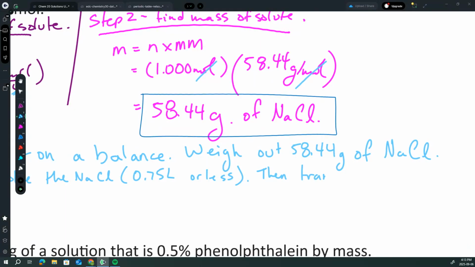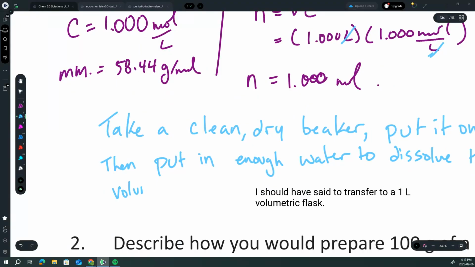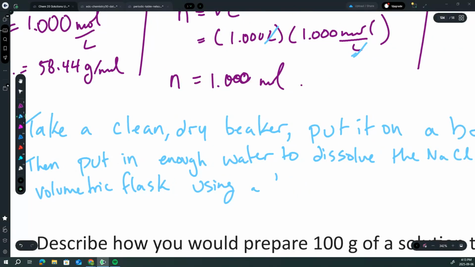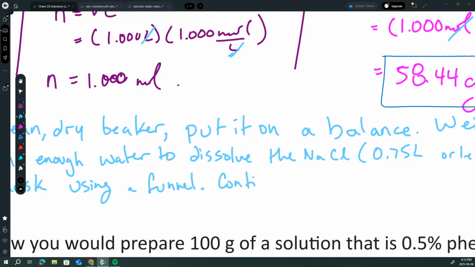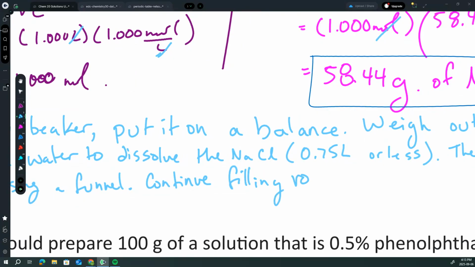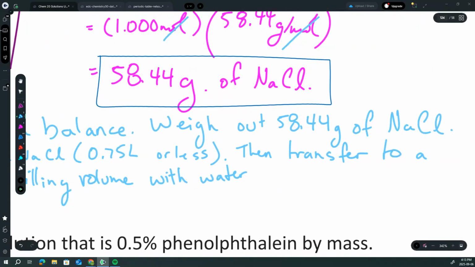Then transfer to a volumetric flask using a funnel. Continue filling the volumetric flask with water up to the fill line.